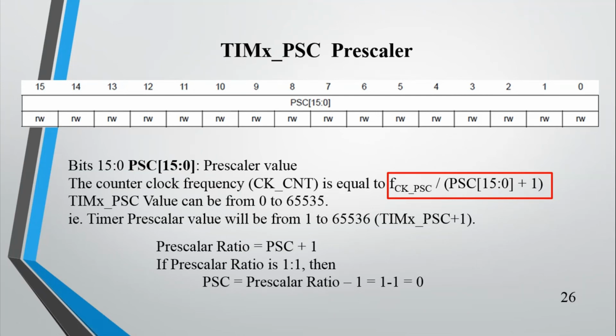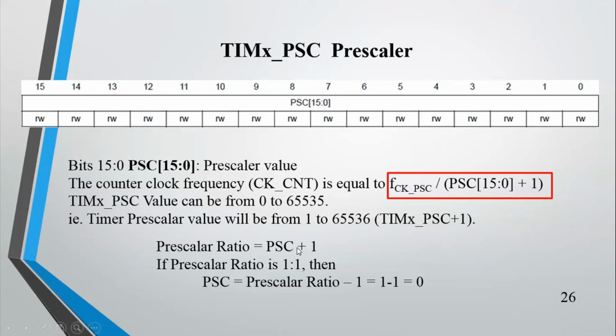Right? So if you want to configure a prescaler of 10, you need to give PSC as 9. If I want to have a prescaler as 10, PSC should be 1 subtracted from that. So PSC should be 9. So that is shown here. If I want to configure a prescaler ratio, what should I do? The value will be PSC plus 1.